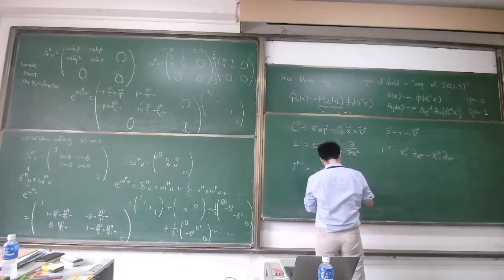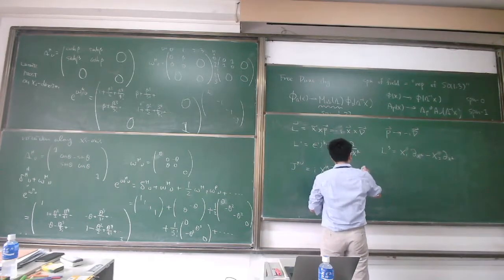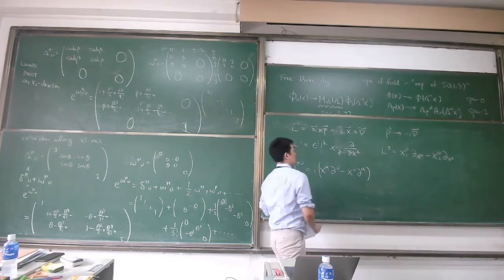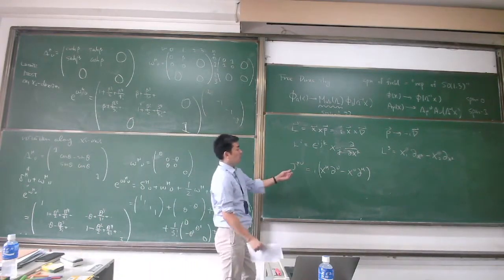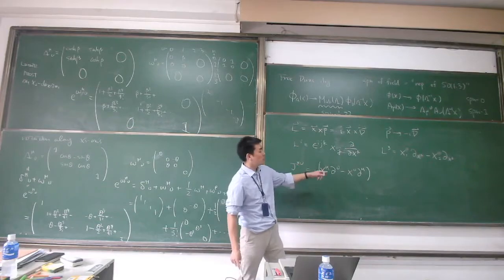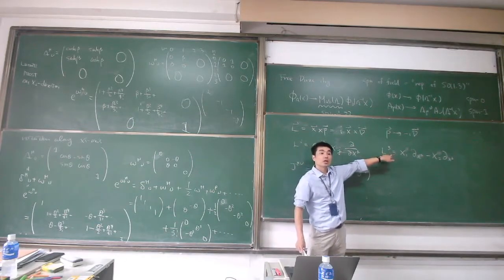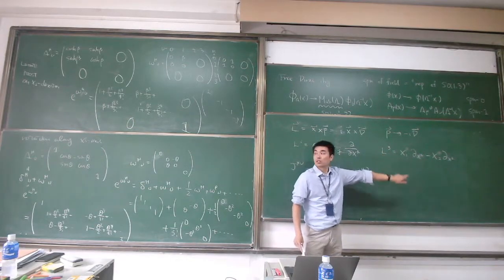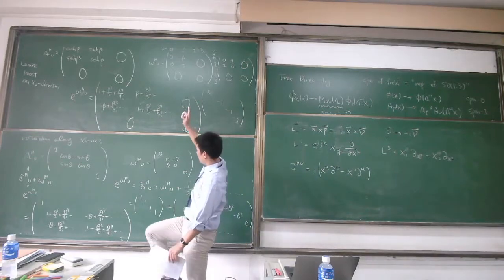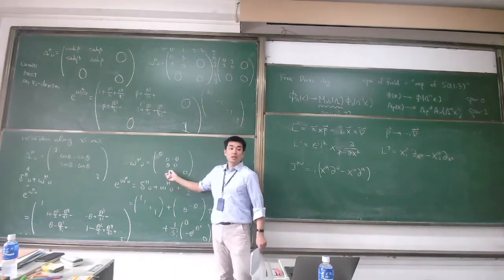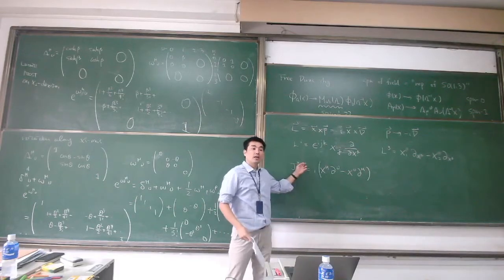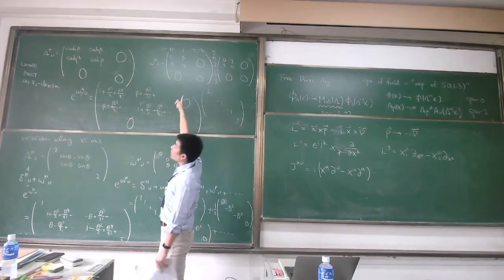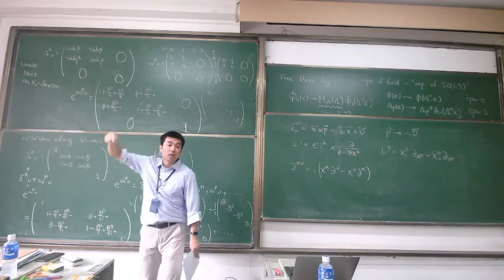Therefore, I can write down like this way. In particular, if you pick mu and nu as 1, 2, it becomes a rotation, rotation along the 3 axis, which is exactly the same as this guy. But if you pick mu nu as 0 and 1, then you get exactly this generator.